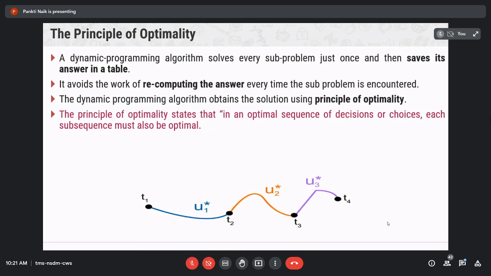Whenever you find the optimal sequence of decisions or choices in a problem, then all the sub sequences of the sequence you follow must be optimal also.